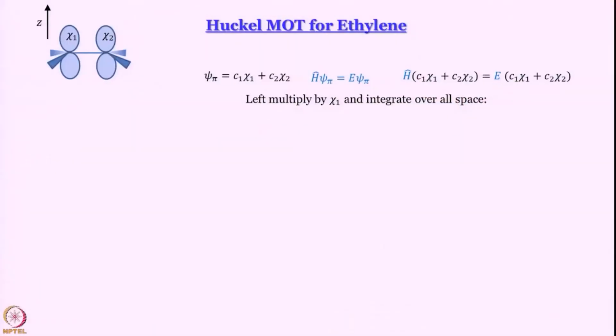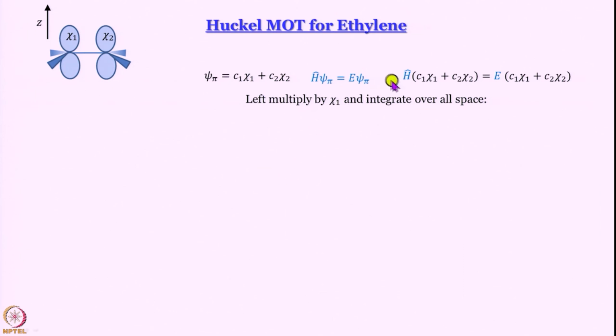What do we do? We left multiply by chi1 and integrate over all space. We are trying to generate two different equations. Why? Because we do not know what the mixing coefficients C1 and C2 are, two unknowns, so we need two equations, and this is how we generate them. For the first equation, we left multiply by chi1 and integrate over all space. What do you get?